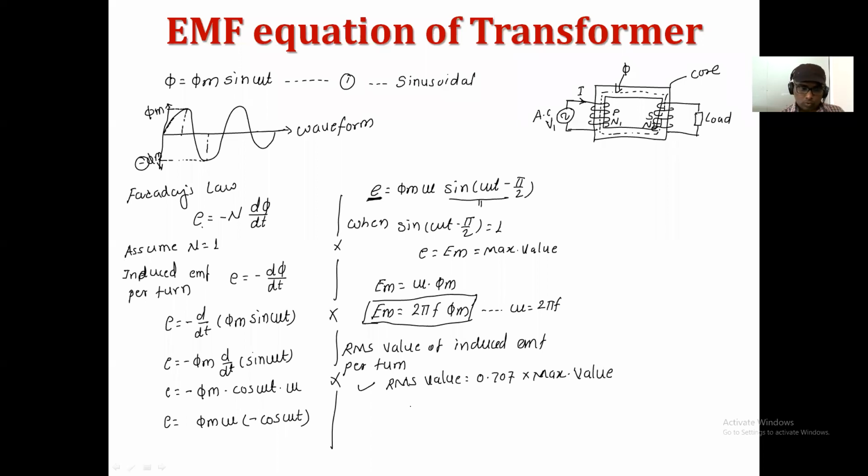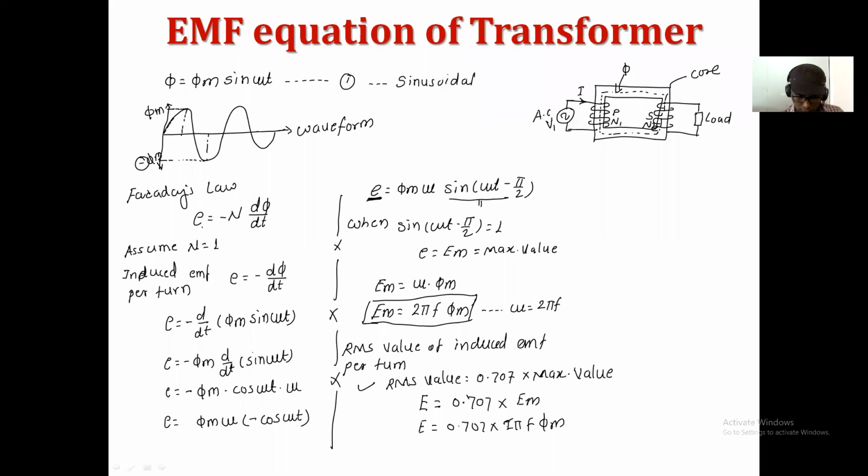Okay. So now if I want to write the RMS value of the induced EMF per turn, it is represented with a capital E, which is nothing but 0.707 into the maximum value EM. And now when I put that value, E is equal to 0.707 into 2 pi f phi m. Is it right?